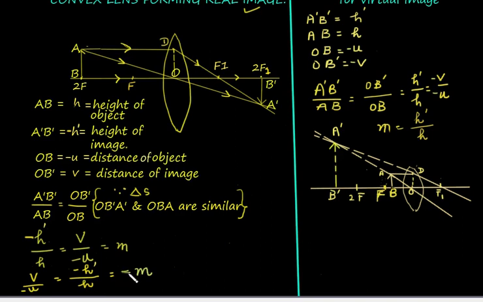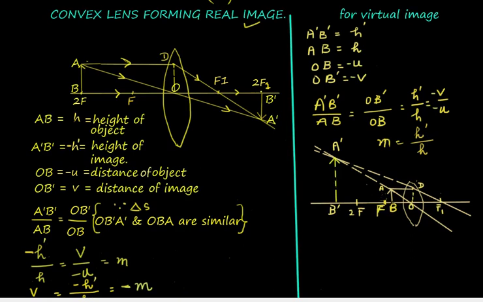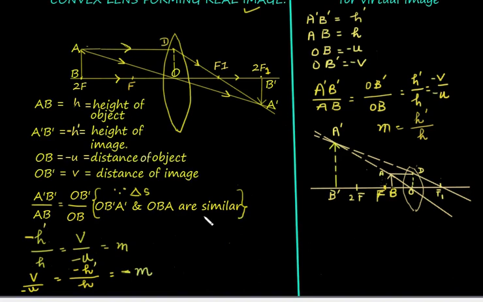This is equal to negative m. So we understand for convex lens forming real image, the magnification is negative. This is because for convex lens forming real image, v is positive and u is negative. Similarly, height of the image is negative and height of the object is positive.